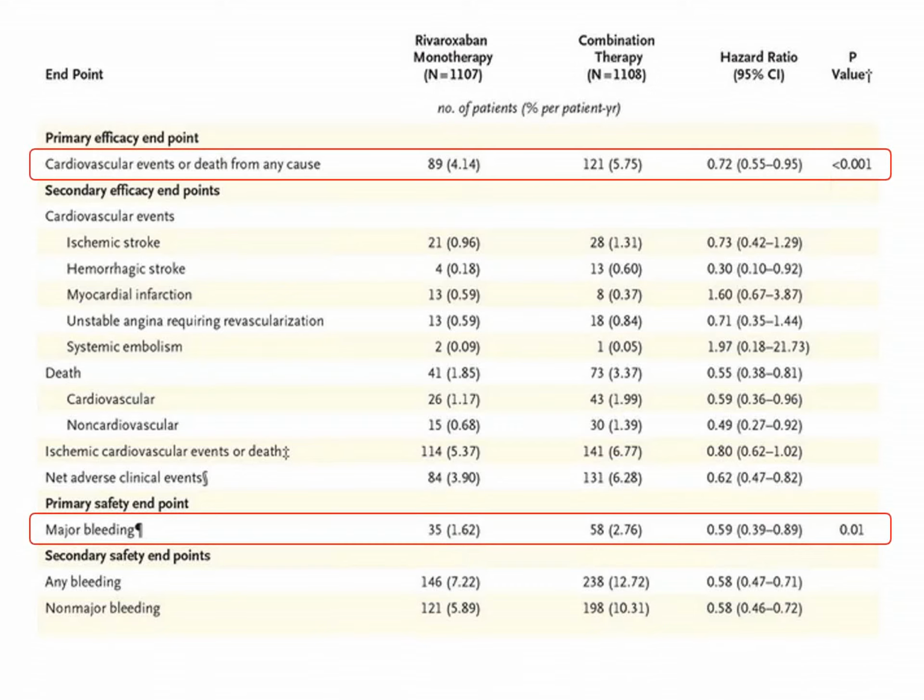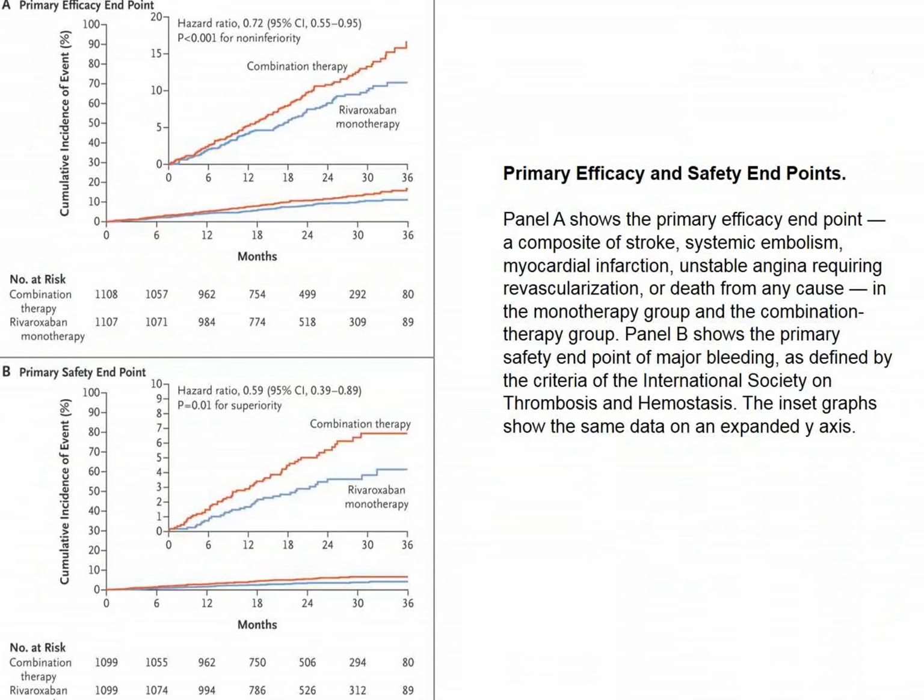And indeed, major bleeding was more common in the combination therapy group than the rivaroxaban alone group. That means that rivaroxaban won this contest, coming and going, compared to rivaroxaban plus one of these other strategies.